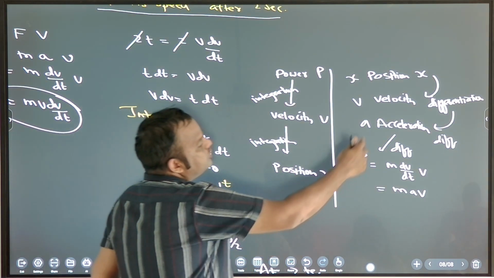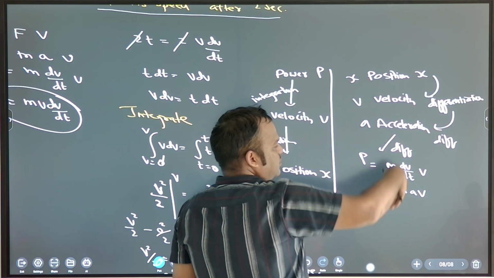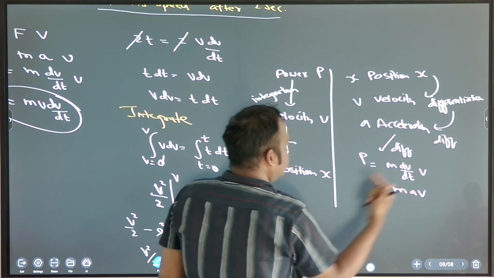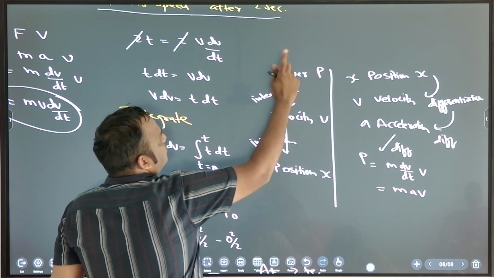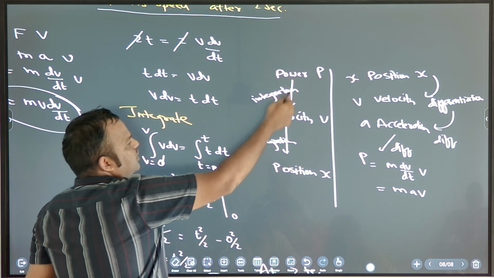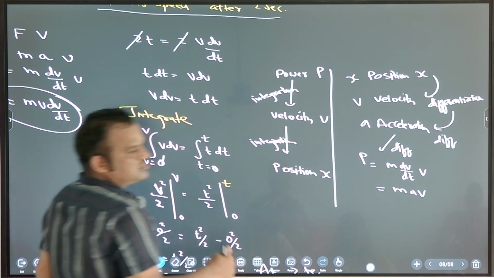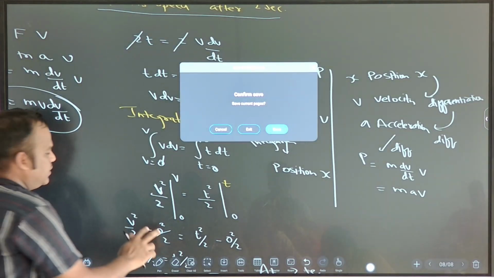So when you use differentiation, position given, velocity asked, acceleration asked, differentiation. Power is equal to mav. When you use integration, it is the reverse. So power given, what you have to find? Velocity, integration. Velocity given, position asked, integration. Okay, clear? Remember.